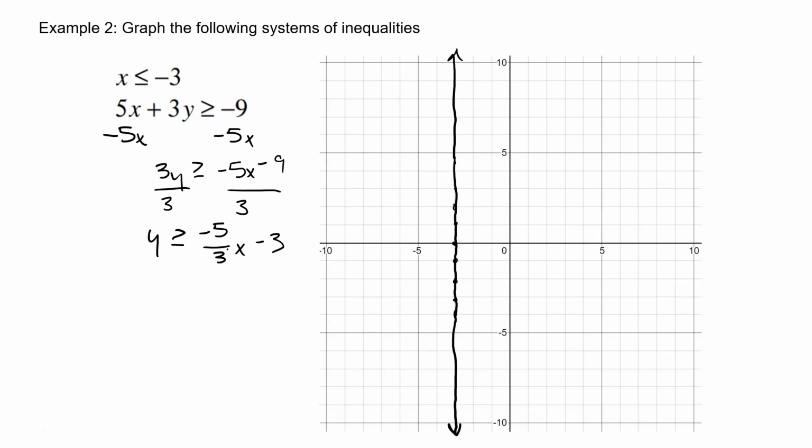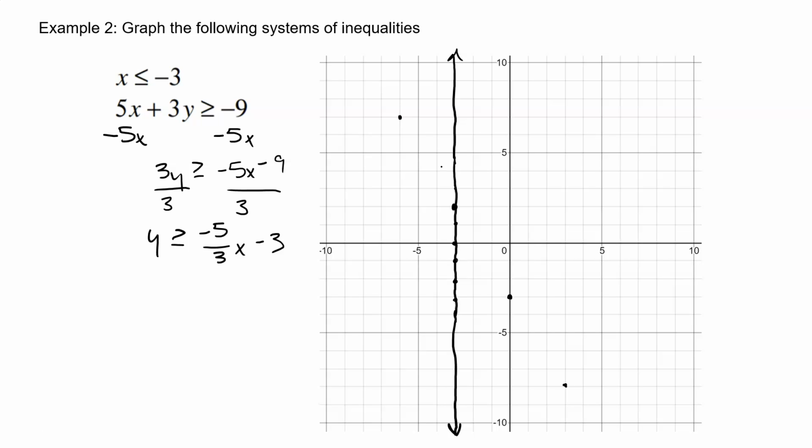So this next line, y-intercept of negative 3, slope of negative 5/3, so down 5, 1, 2, 3, 4, 5, to the right 3, 1, 2, 3, and then up 5, 1, 2, 3, 4, 5, to the left 3, 1, 2, 3, and that goes off the graph there.